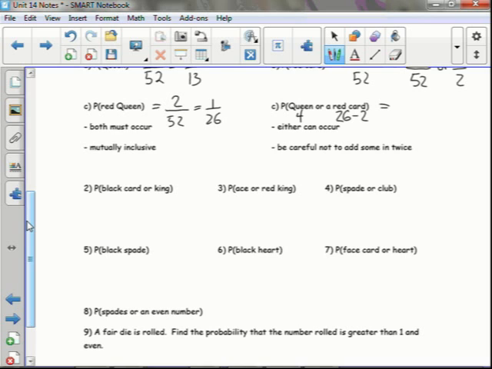So in this case, it would then be 4 plus 24 over 52, which would be 26 out of 52. Or excuse me, not 26, I added that wrong. 28 out of 52. Okay, so this thing here, be careful not to add something in twice.